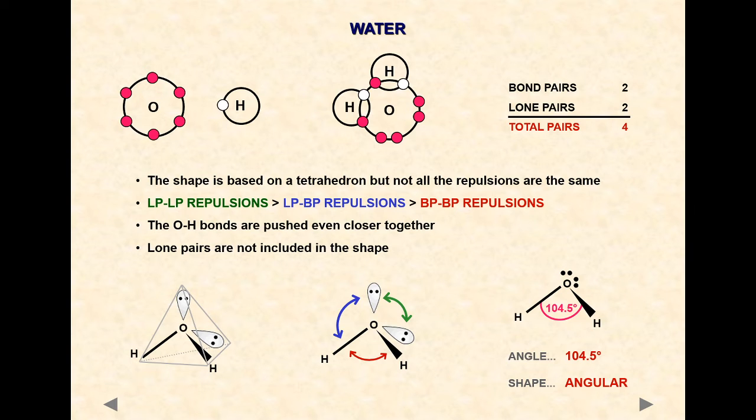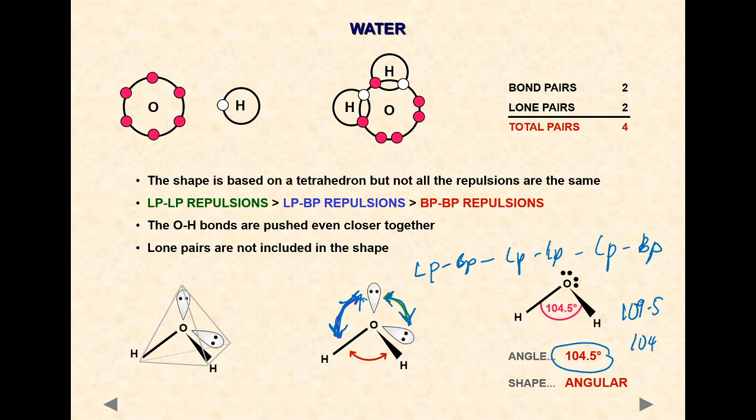There will be lone pair, lone pair repulsion, and lone pair, bond pair repulsion. So you see there will be this repulsion between the lone pairs and this repulsion between the bond pair and the lone pair. So what are the consequences? That the bond angle reduces from 109.5 to 104.5.